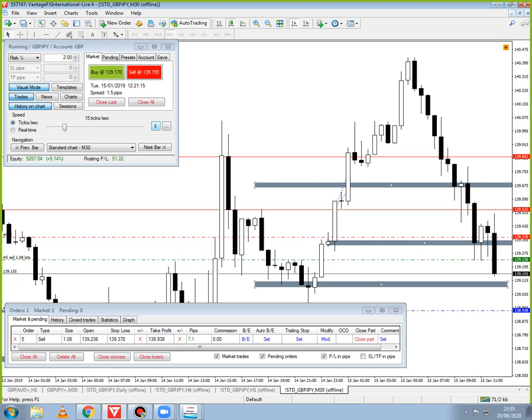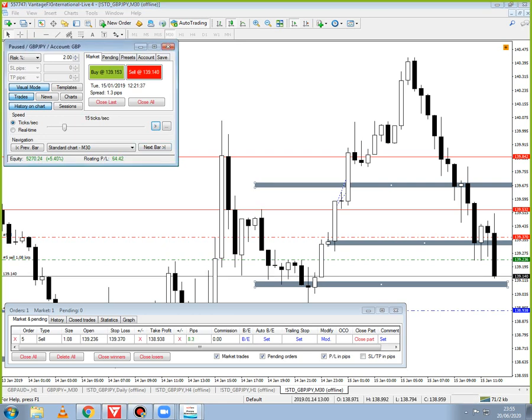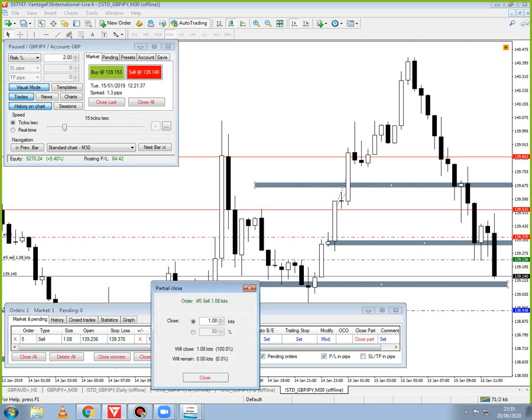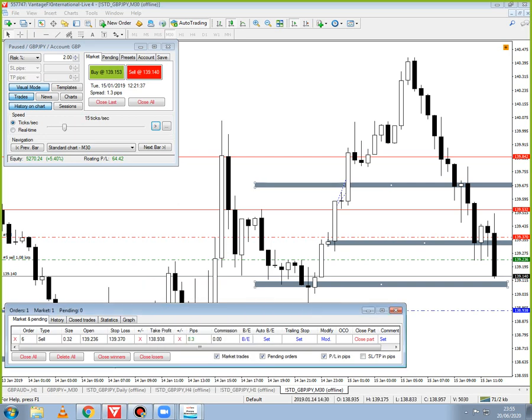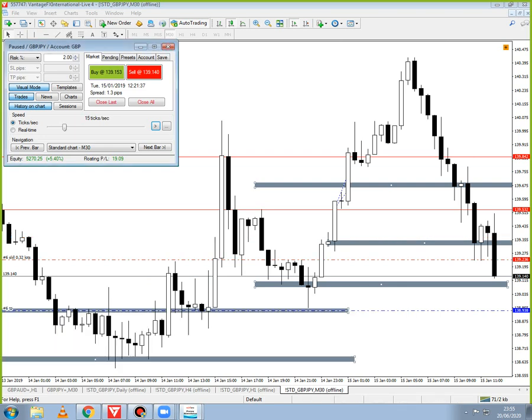Just wanted it to push down a little bit further. Cool. So I think at this point, 8-9 pips, we're going to close 70%. And at this point, we're going to leave a runner at break even so that we can have a winning day.